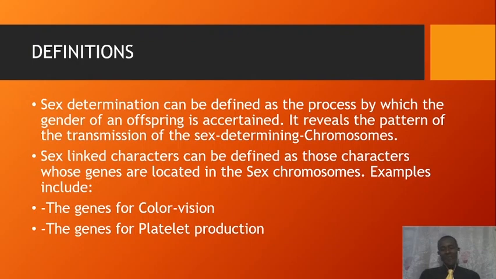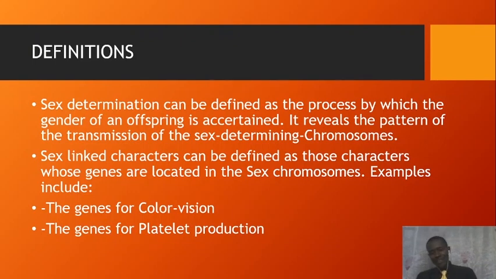Now, the next thing we need to define before we go on is sex-linked characters. What are sex-linked characters? In a human being, you have so many characters. You have the character of height, the trait of complexion, the trait of texture of hair, the trait of blood group, blood genotype.